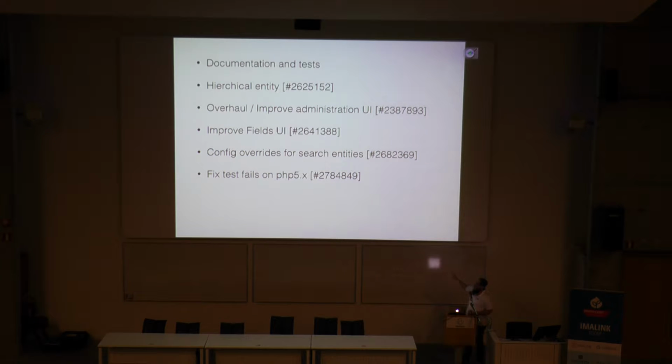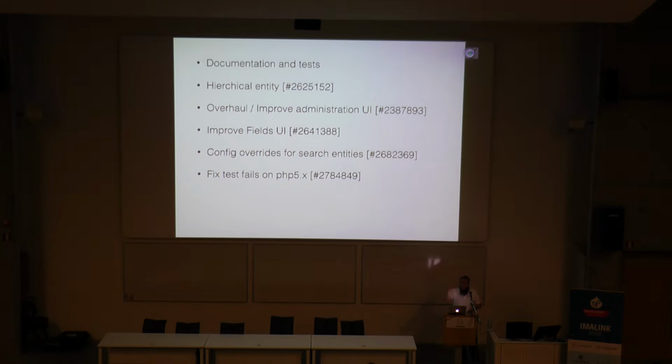There's also 2 issues about the administration UI, because while a lot of people working on it are pretty good coders, none of us is really good at writing good UIs. And there's also one thing about config overrides, which allows you to have a different configuration for a server on your local machine compared to what it is in the config.